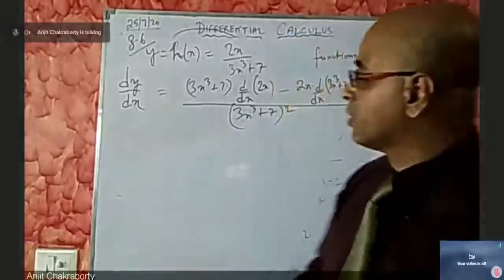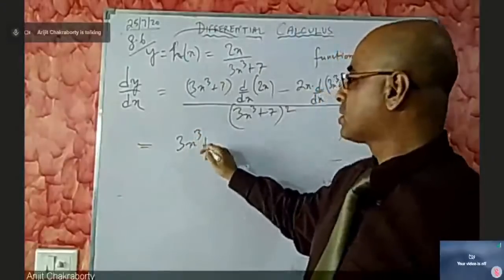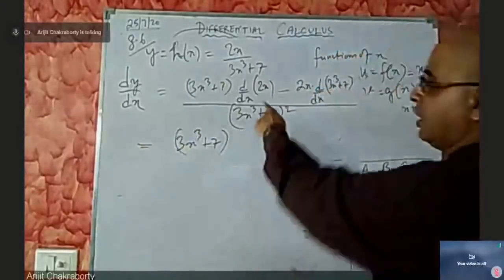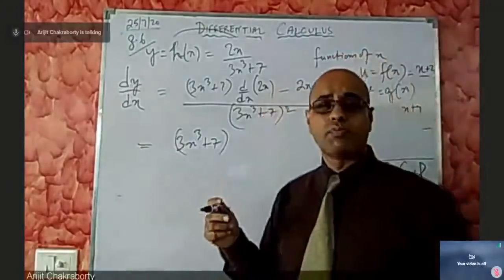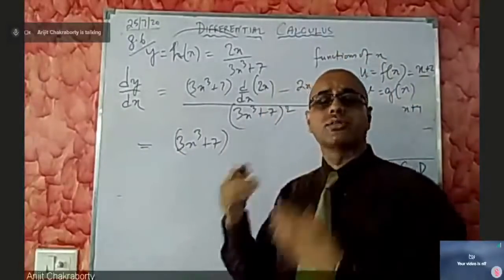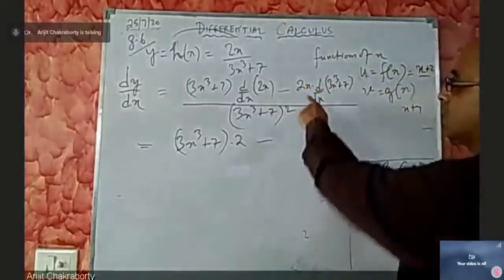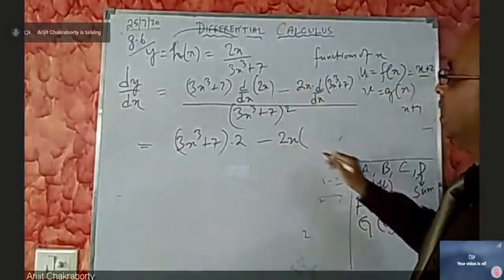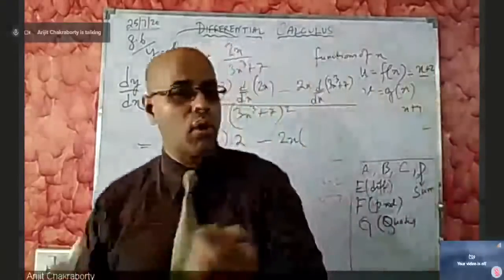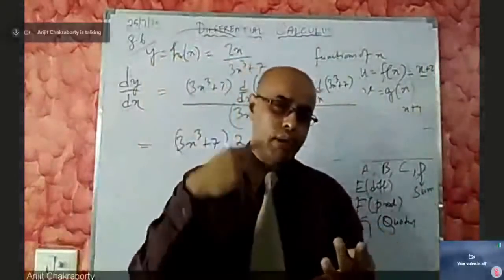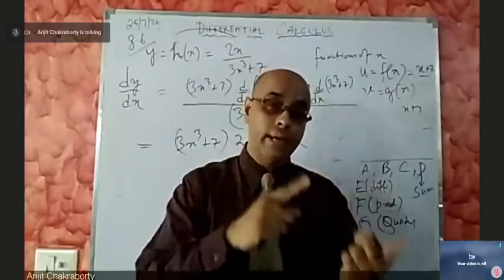This, when further simplified, let's see what it brings down to. 3x cubed plus 7 into d/dx of 2x, which is what? 2. Because x to the power 1 minus 1 becomes x to the power 0, that is 1. So this into 2, minus 2x is outside. d/dx of 3x cubed. 3x cubed is of the form a x to the power n, and this becomes n a x to the power n minus 1.